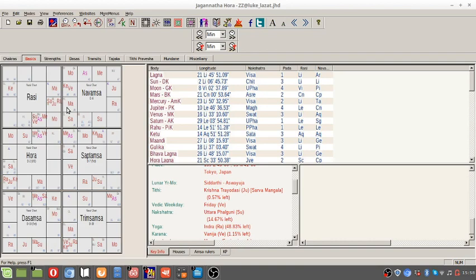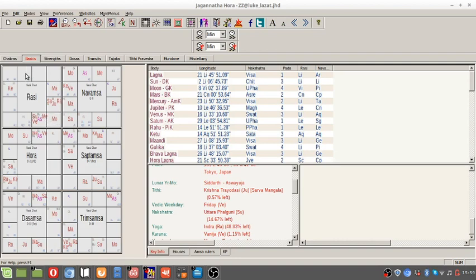In this sample chart, in his case, there is no such dharma yoga, because the 10th lord is not in a dharma house, and is not aspecting any dharma lord nor conjunct any dharma lord.